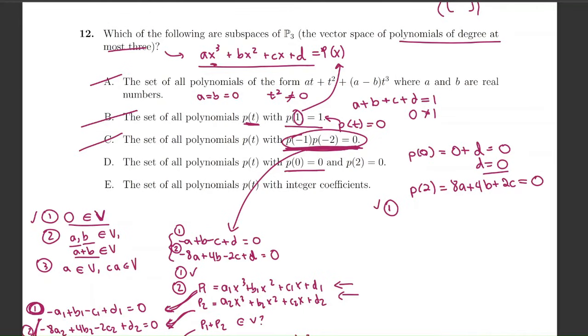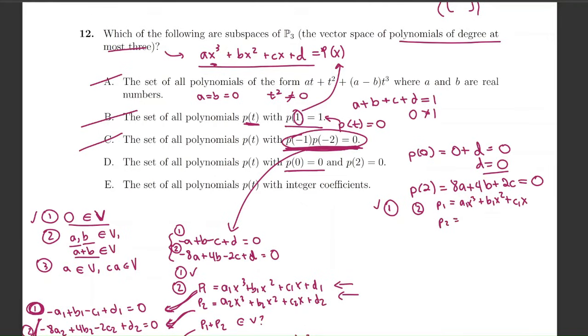Second condition. So if we have two polynomials where p of 0, why do I keep saying p naught, it's p of 0. Looking at the second requirement for a subspace, we can say we have two polynomials, p1 equals a1 x cubed plus b1 x squared plus c1 x. Again, for it to be in the subspace, we need to have d equals 0, so we can just ignore the d term.